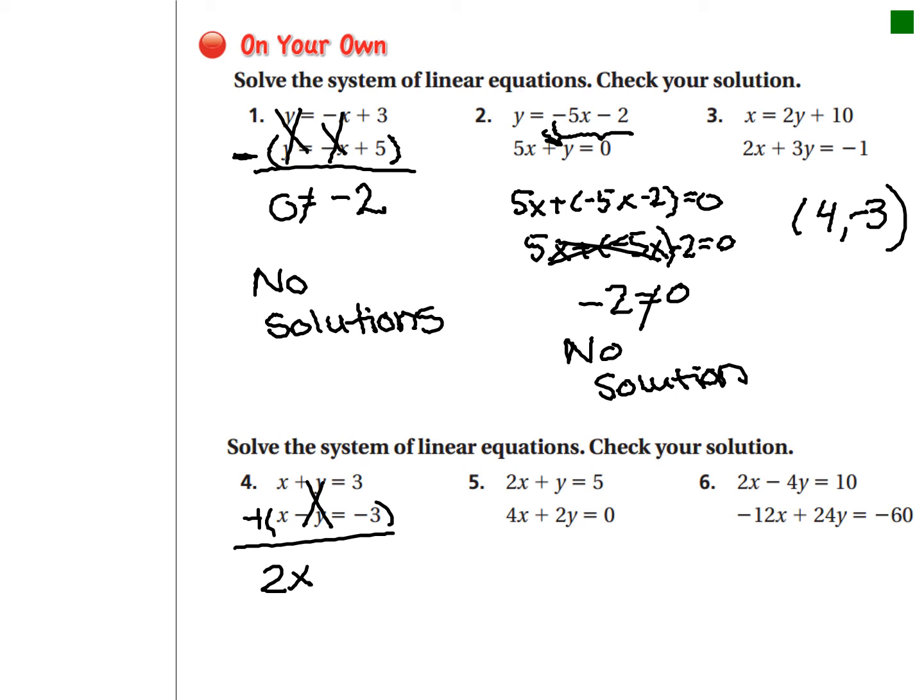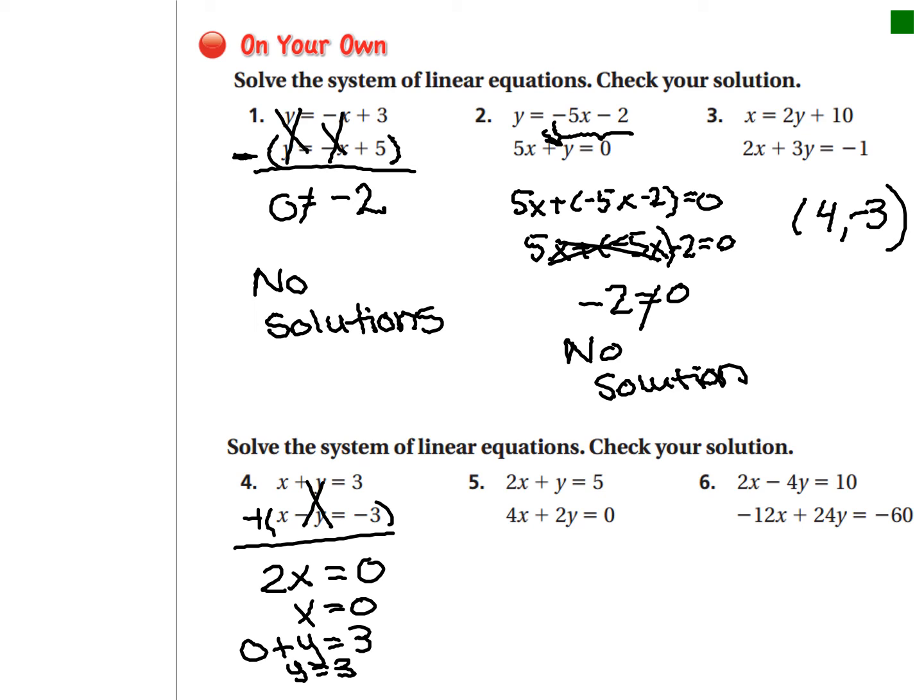Okay, we're going through good steps in elimination. 3 plus negative 3 is 0. X therefore has to equal 0. Let's go ahead and solve for y. 0 plus y equals 3. Y has to be 3.